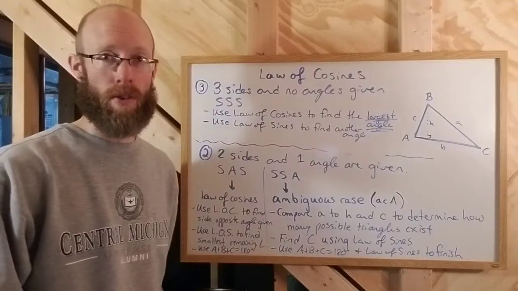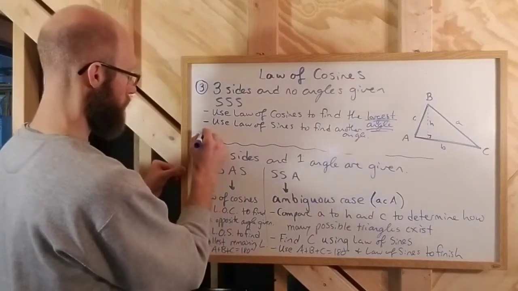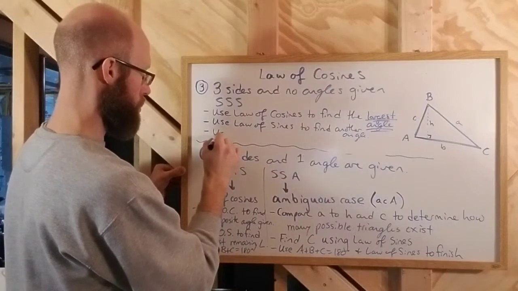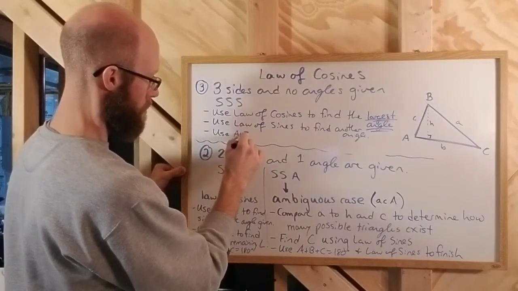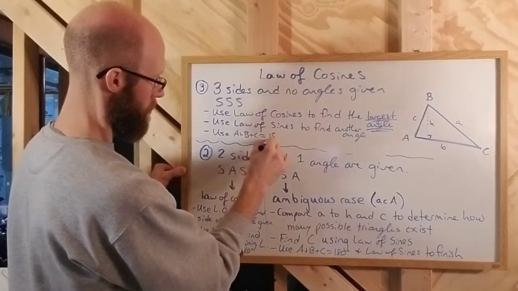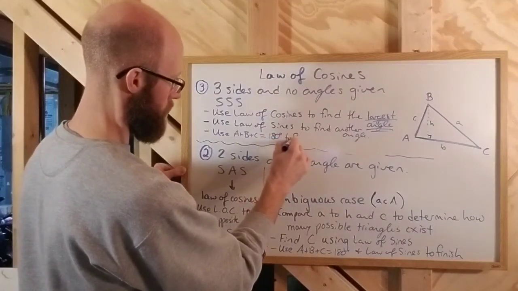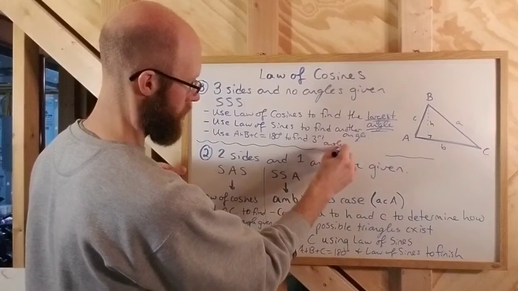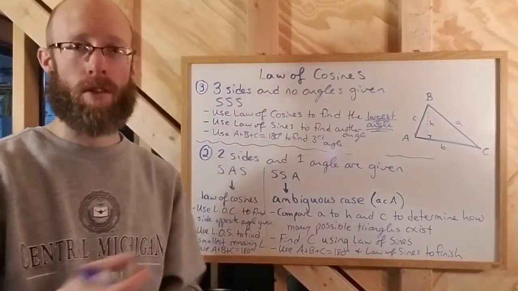They have to be first quadrant angles. And then finally, you're going to use the angle sum formula to find the third angle. Okay, so then you're done with that one.